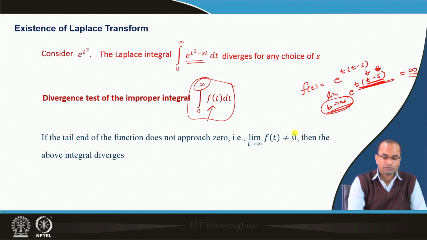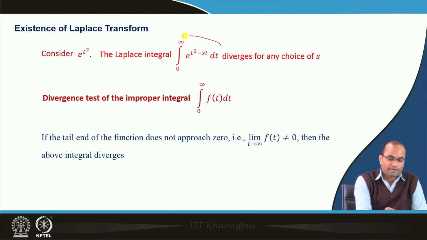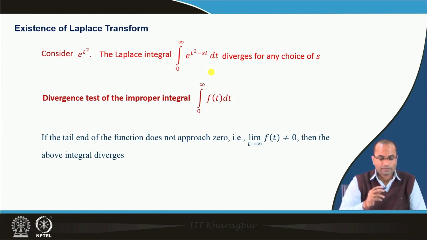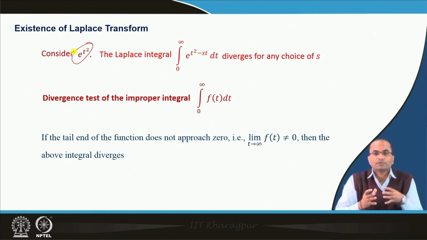So, therefore, because of this divergence test, we know that for any choice of s, the Laplace integral diverges. That means the conclusion is that for the function e power t square, we cannot compute the Laplace transform, and that is the point of discussion here: for which class of functions can we actually find the Laplace transform?